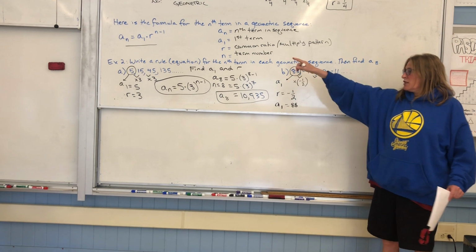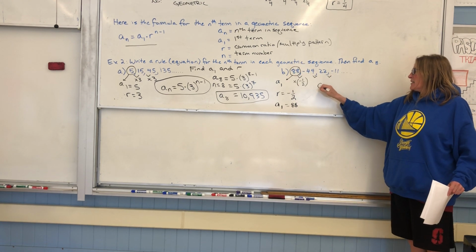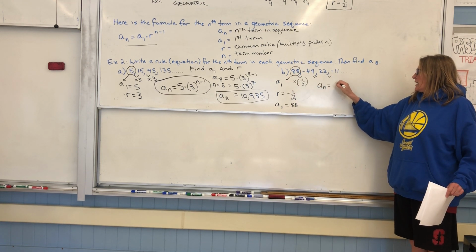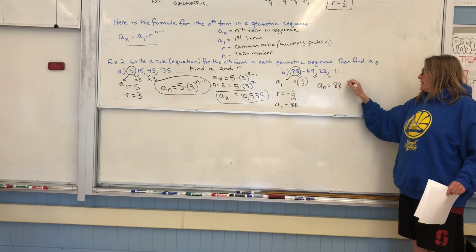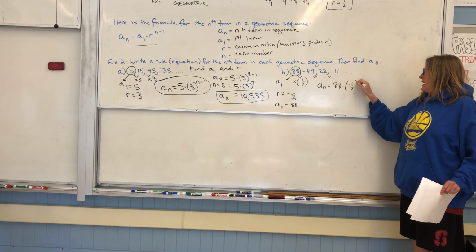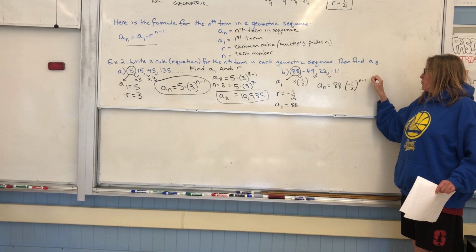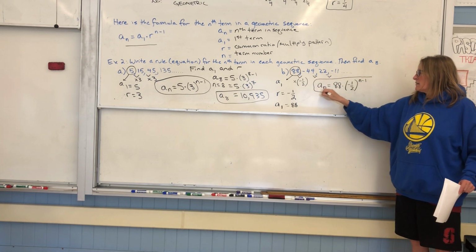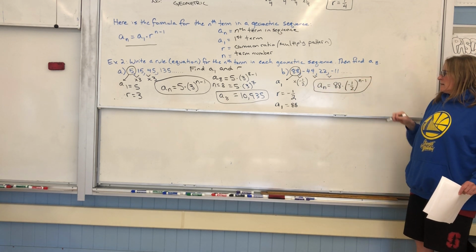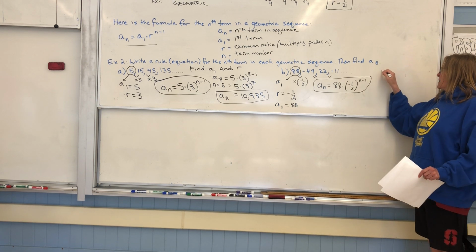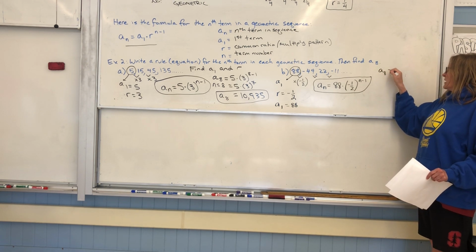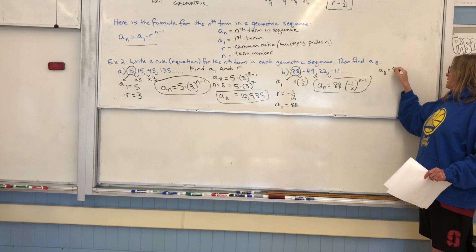So that means I'm just going to use my formula. I'm going to say A sub n equals 88 times negative 1/2 to the n minus 1. And there's my formula. And if I want to find A8, I'm just going to plug in 8 for n.